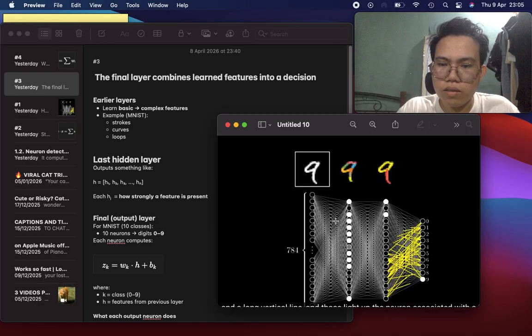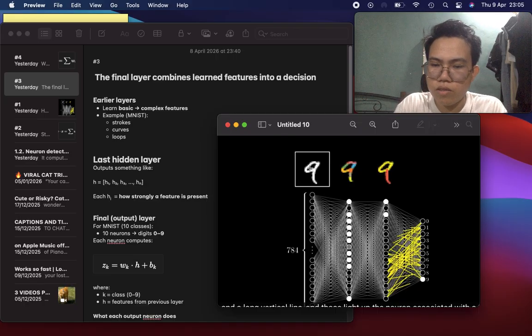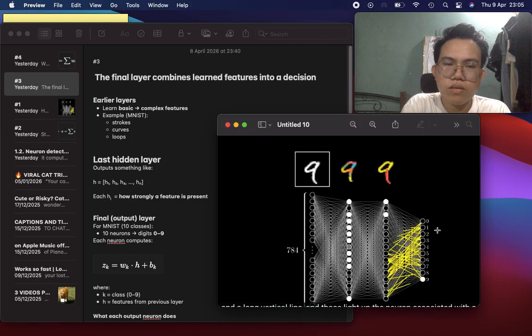As the layers go deeper, the patterns become clearer. That's why in the last layer, it has this kind of pattern, it detects this one and produces the logit score. So the final layer combines features into the decision.